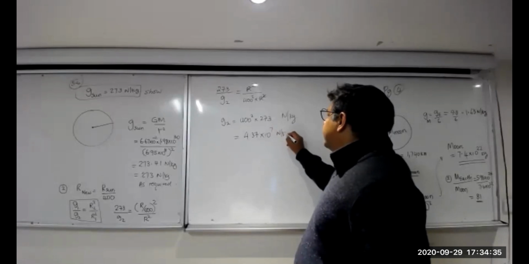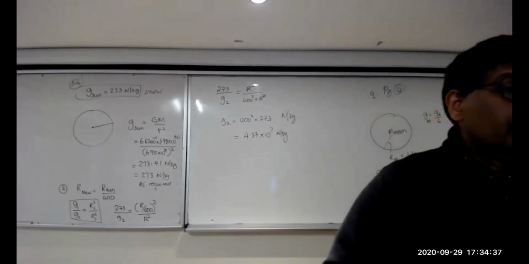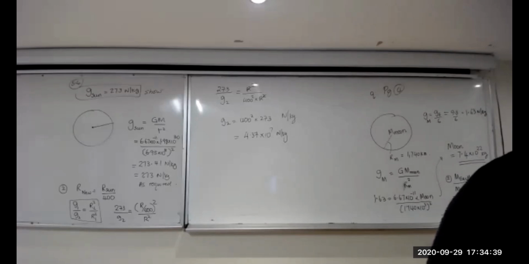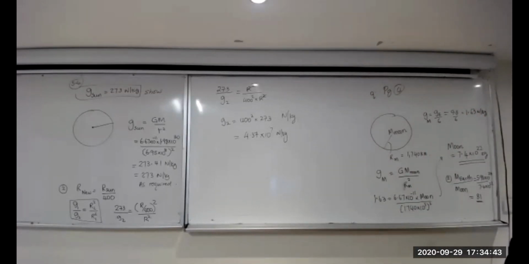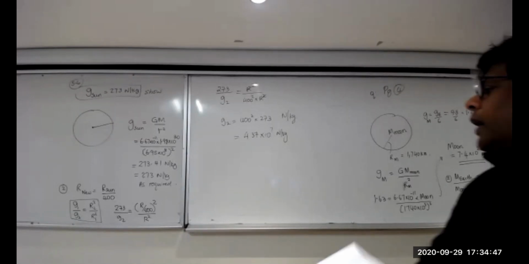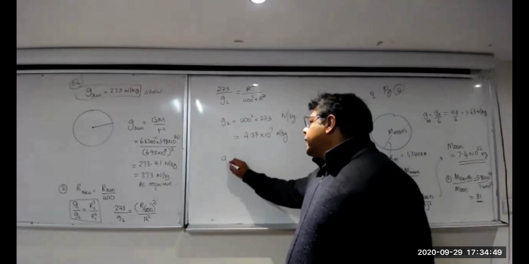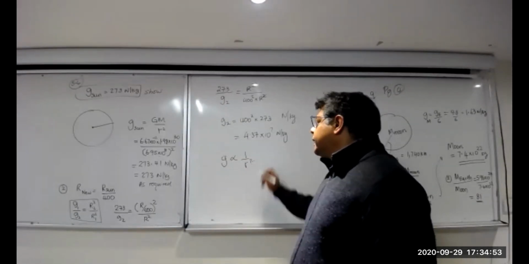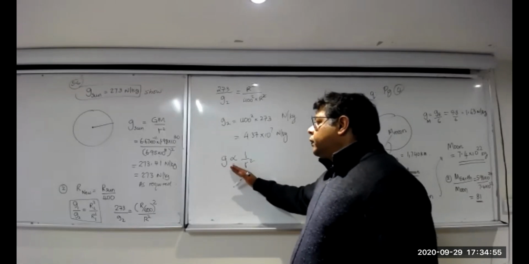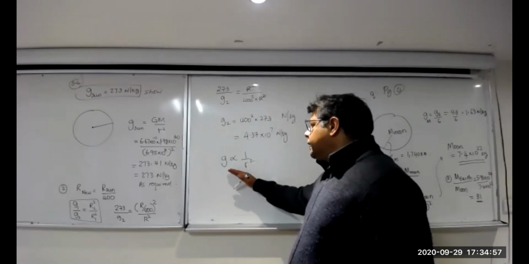Excuse me, Derek. How much working out would you need to show for this question? Because I just showed the G2 formula. Okay, so G2 is equal to 400 squared. At least if we can show that G is inversely proportional to R squared, at least you mentioned that you understood the concept, the physics behind it.